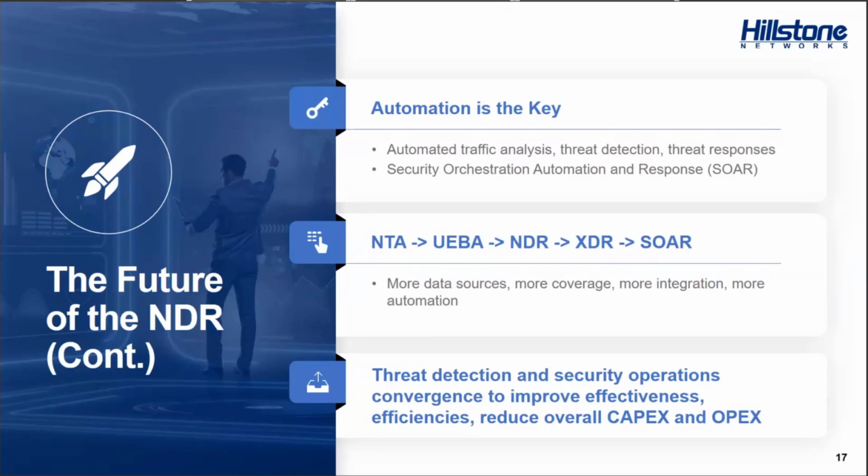So this is what I see as the evolving process of NDR itself. So the ultimate goal here, of course, is to improve the automation, improve the threat detection effectiveness and efficiency, and reduce the overall capital spending and operational expenses. So this is the ultimate goal for this technology to be used.